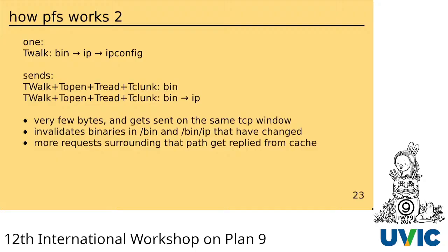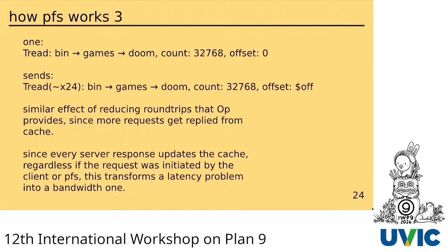Compare sending one operation per round trip to sending multiple operations in one packet in the same TCP window. This achieves a similar effect to the OP protocol of reducing the amount of round trips per operation, due to the amount of caching that we are doing.